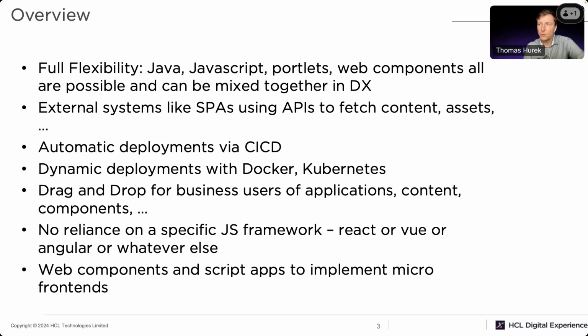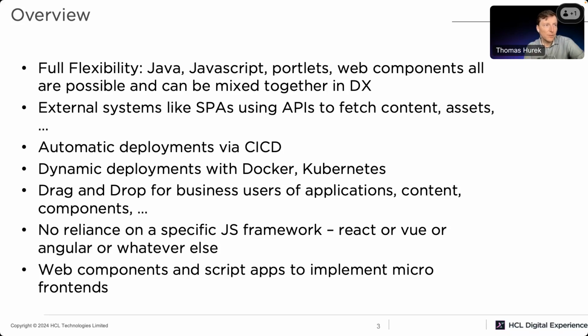And that also allows you to leverage the investments that you might have made already in existing applications or portlets, like Java applications that might be using JSF, for instance, or Spring or something similar. So you can mix and match on the same page and interact and provide data between those applications, whatever they're written in. If they're written in Vue.js, if they're written in Java, you can mix and match them.